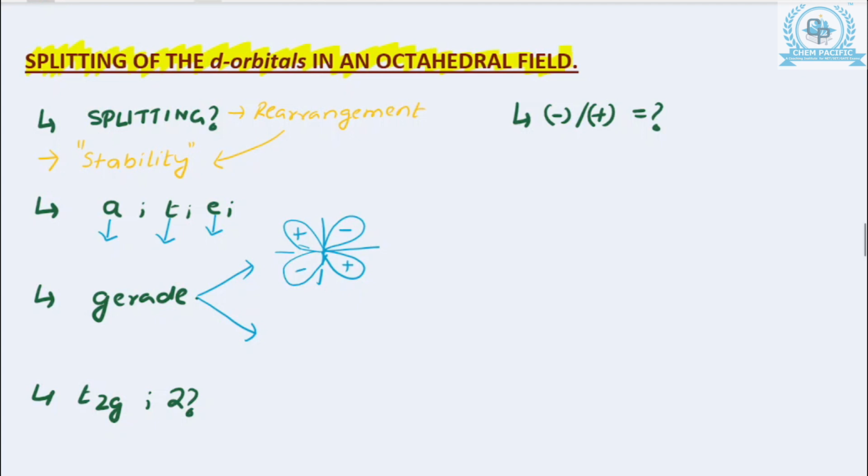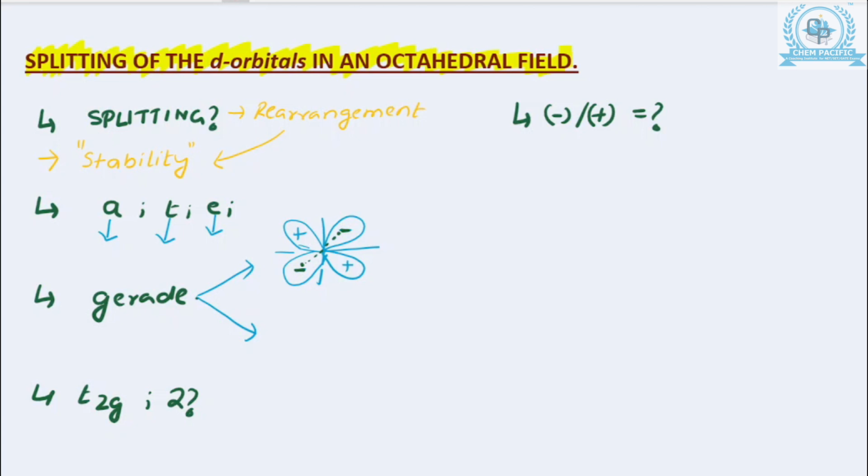Clear? Now, you take any point, you pass through the center and reach exactly the opposite distance in the opposite direction. Here also you have a minus sign, there is no change in sign.